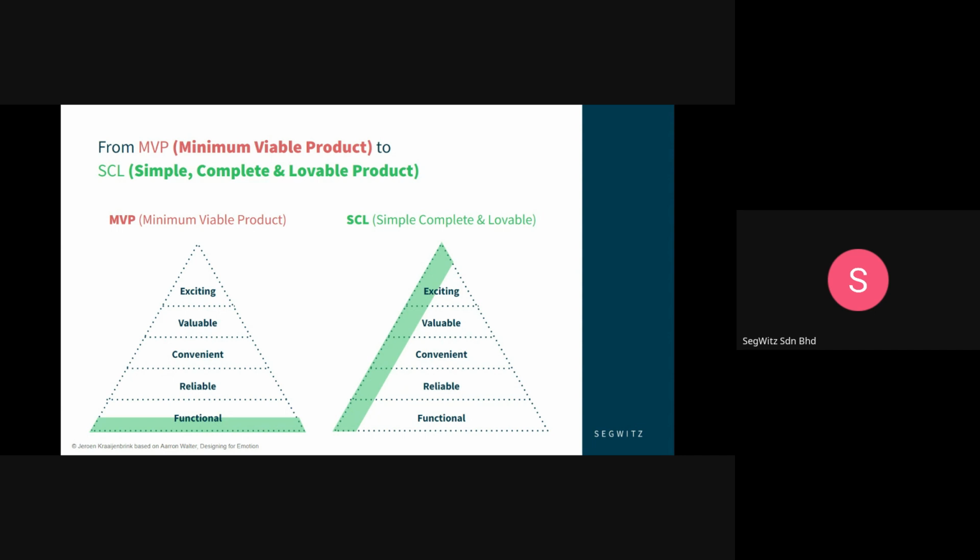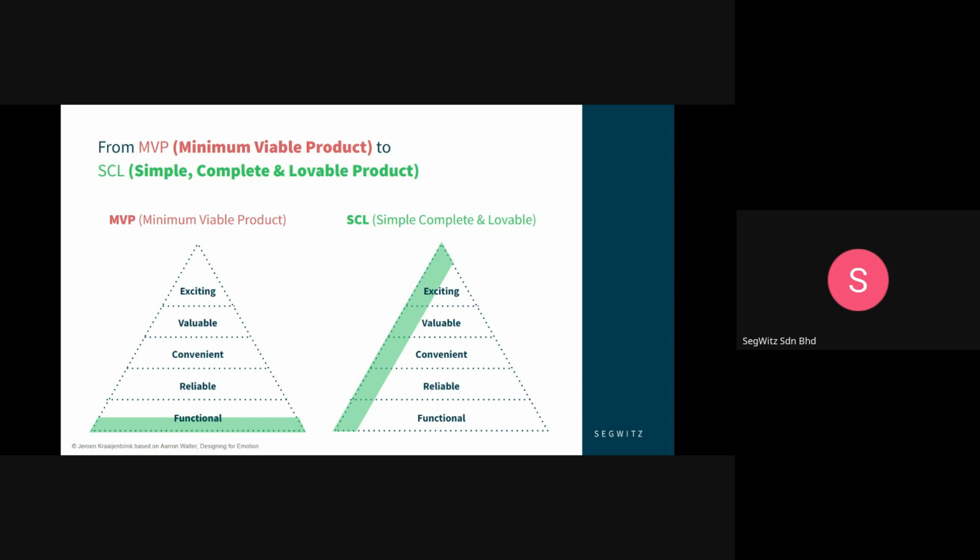When we talk about convenience and exciting, we are talking about the UI and UX part of it. When we are talking about valuable, we are talking about the end customers and all the stakeholders who are using the product. Why am I proposing this at this stage? We are moving in a very process-oriented culture.